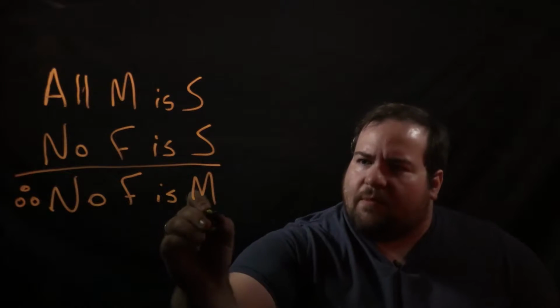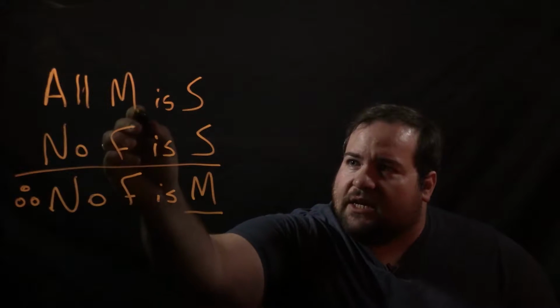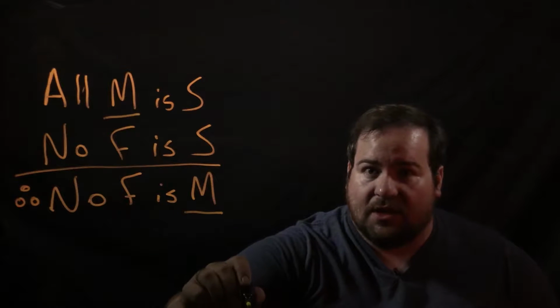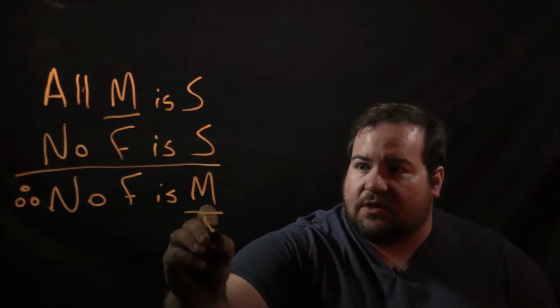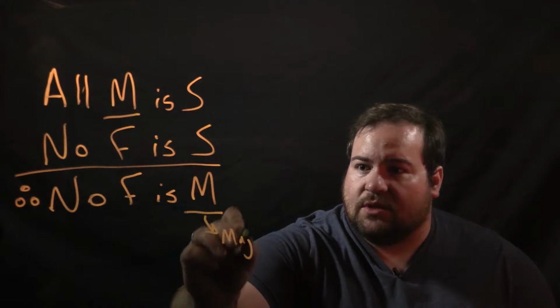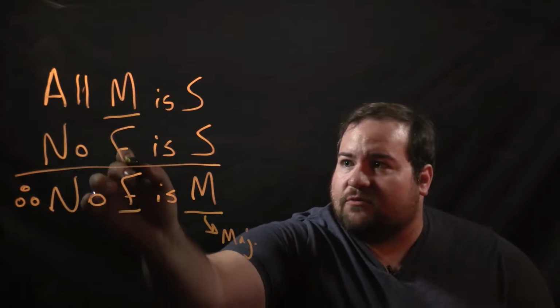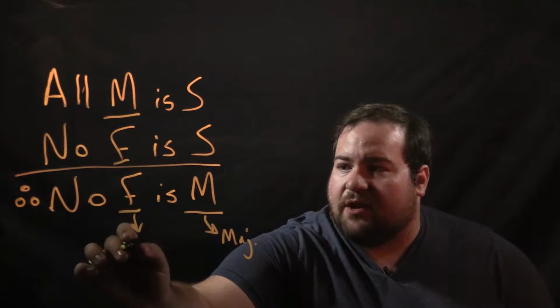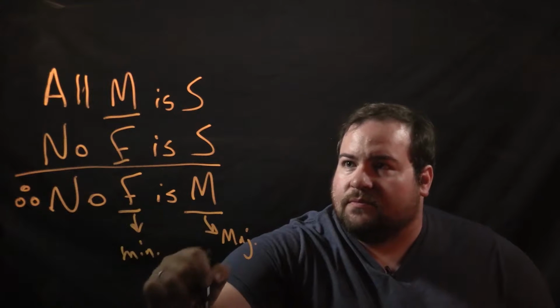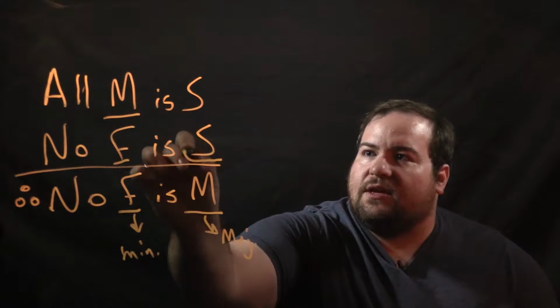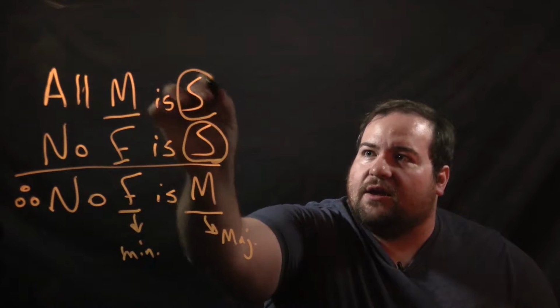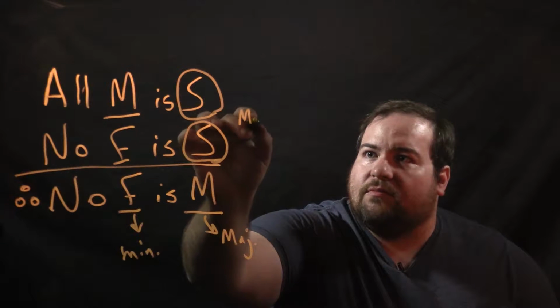Now, the major term is usually the second term in the conclusion. So this would be the major term, and that means that this one right here, this is the minor term, and that would make these lovely S's right here the middle term.